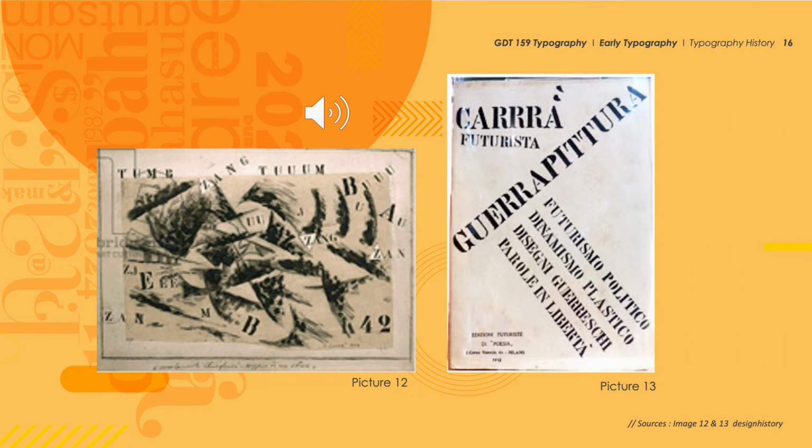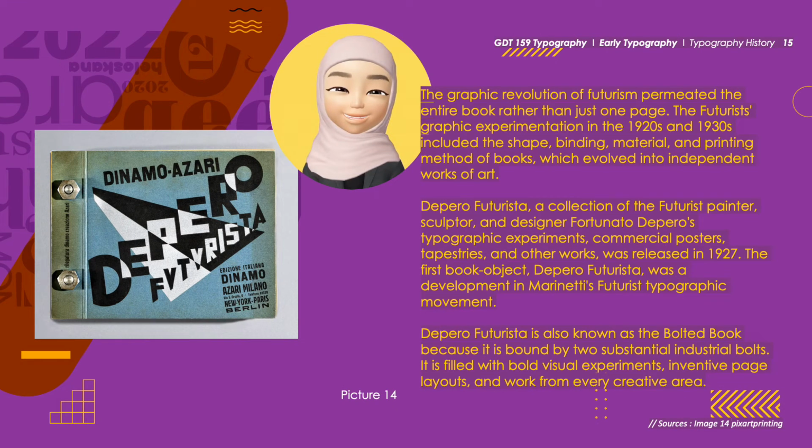Okay. Picture number 12 and picture number 13 are examples of futurist artwork. The graphic revolution of Futurism permeated the entire book rather than just one page.